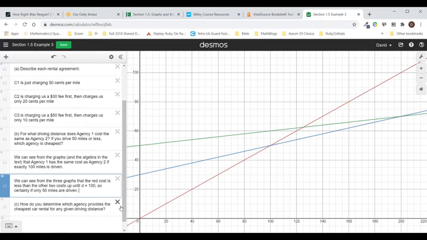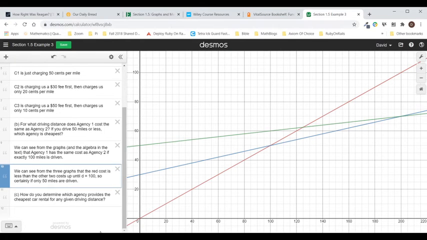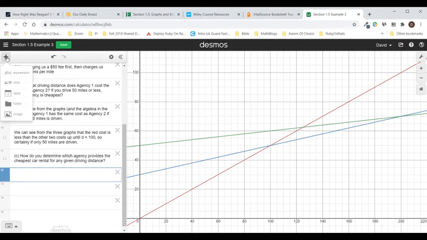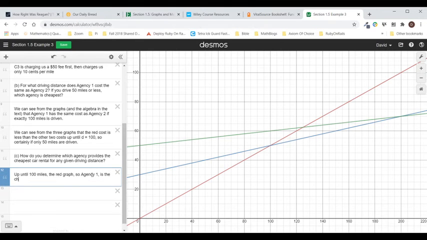Now, here we go. It says, how do you determine which agency provides the cheapest car rental for any given driven distance? Well, I'm going to say it depends on the distance, right? Up until 100 miles, the red graph, so agency 1, is the cheapest. I guess I'll add another note here.